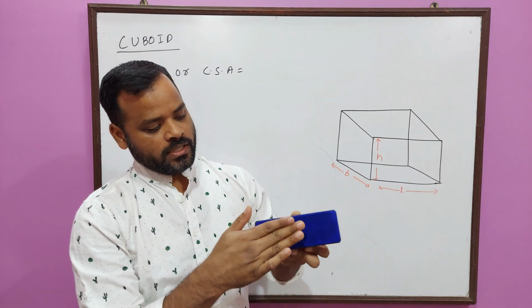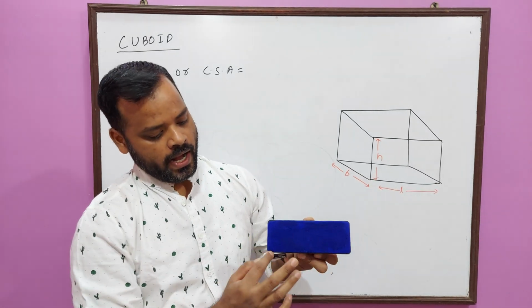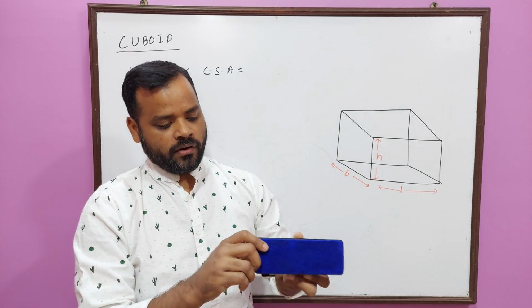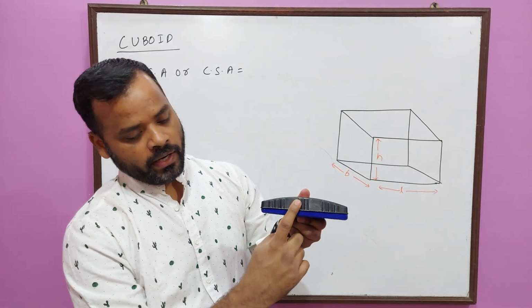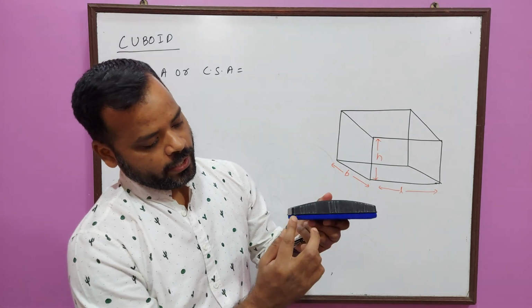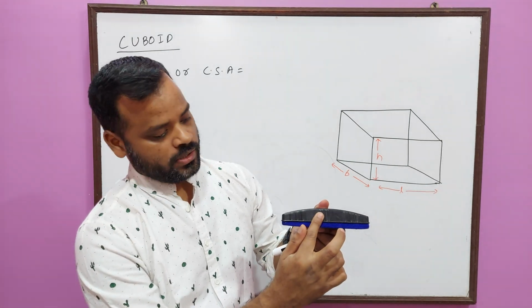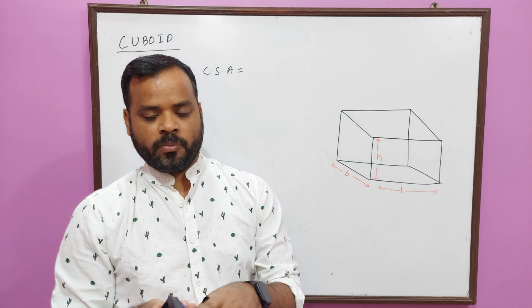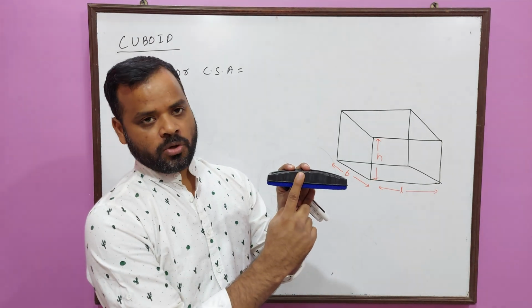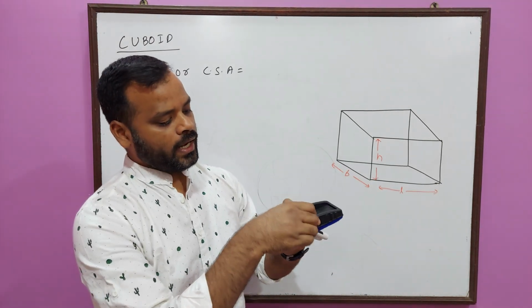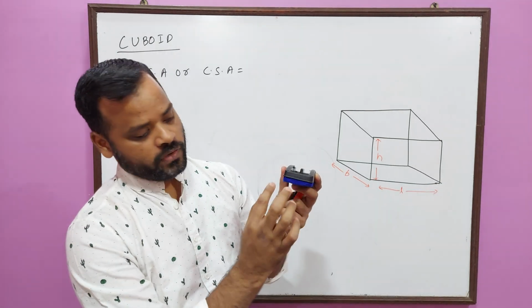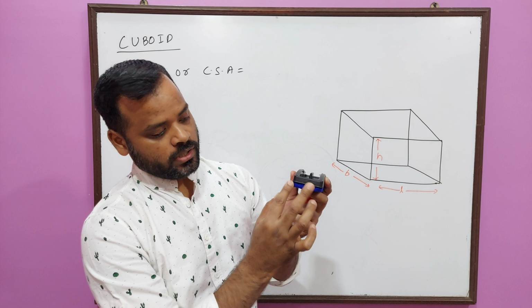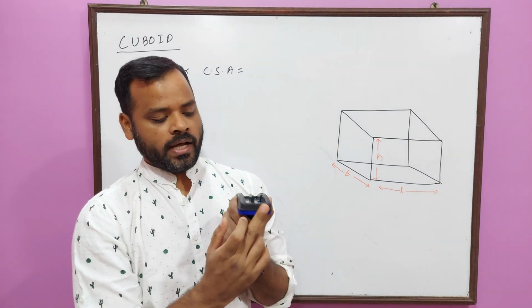So this face will be made by L and B. Its opposite will also be L and B. This face will be L into H, LH. Similarly, its opposite will also be LH. And then here it will be B into H. This small face will be B into H. Its opposite will also be BH.